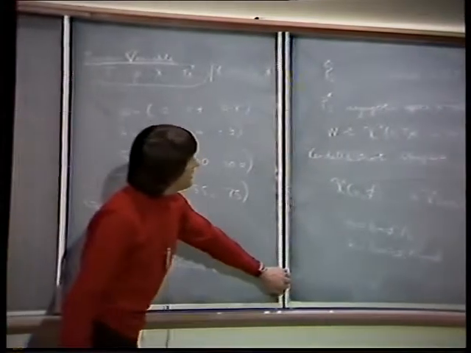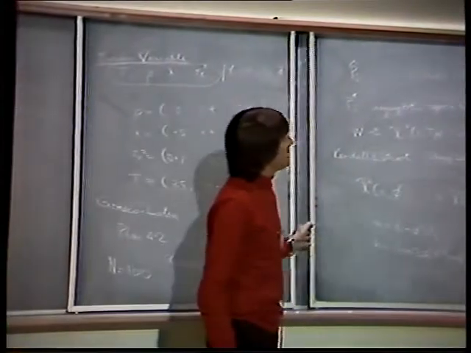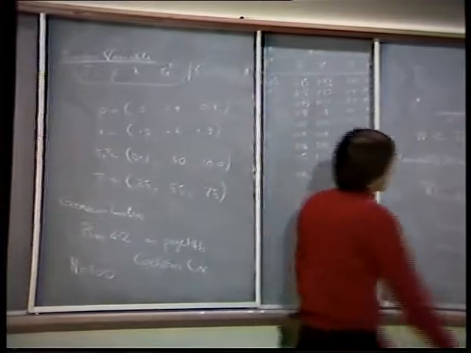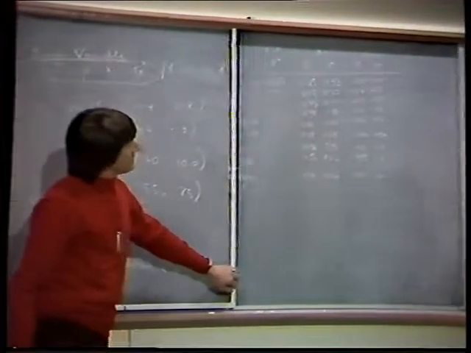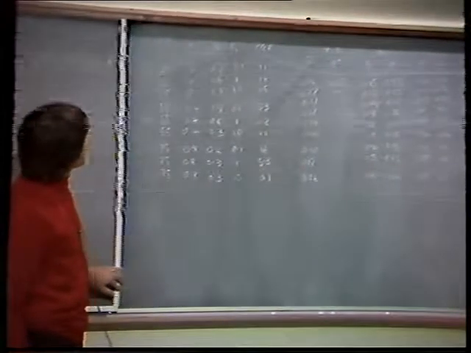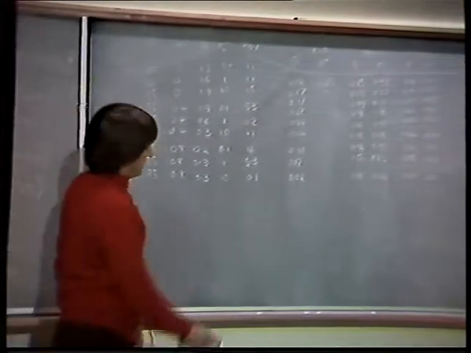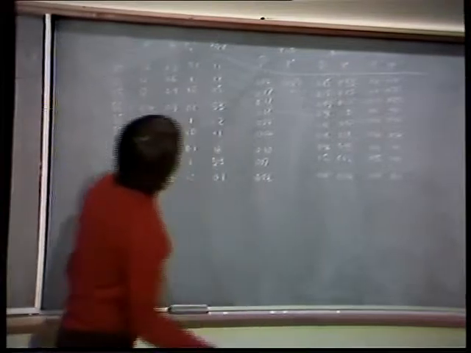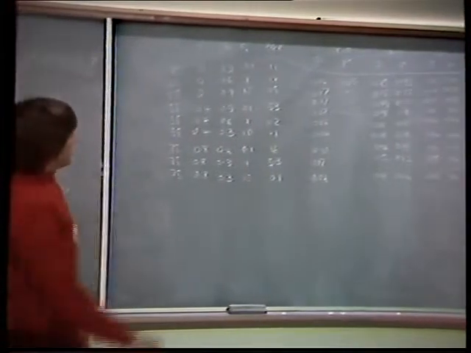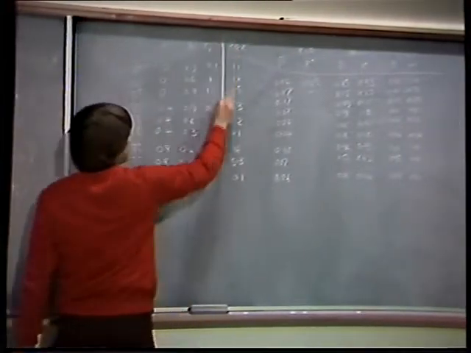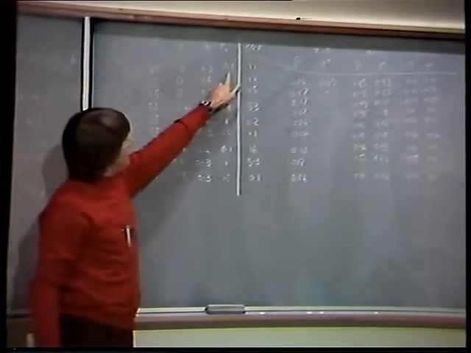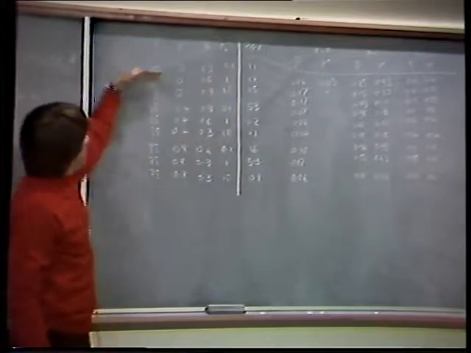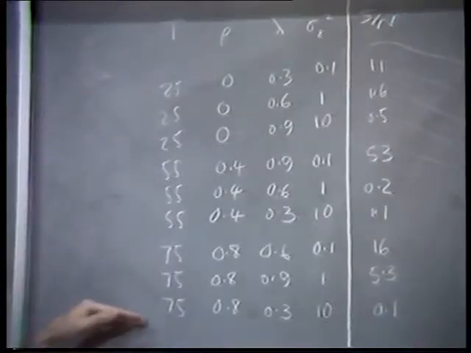Well, in the remaining time, let me now look at the results which are obtained for that particular Monte Carlo experiment. The first four columns represent the values of the 4 design variables for each of the 9 experiments.